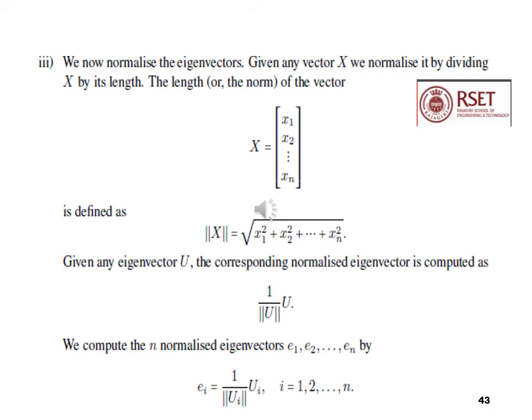Given any vector u, the corresponding normalized eigenvector is computed as 1 by modulus of u into u. And we compute n normalized eigenvectors, given as ei equal to 1 by modulus of ui into ui, where i is equal to 1, 2, up to n.